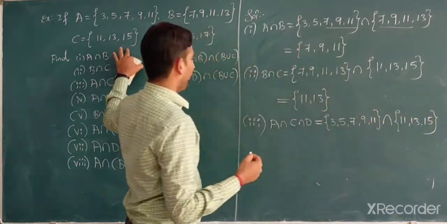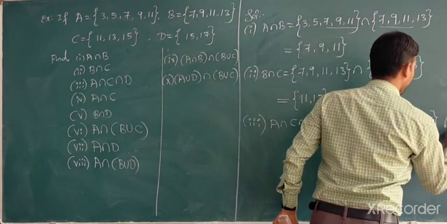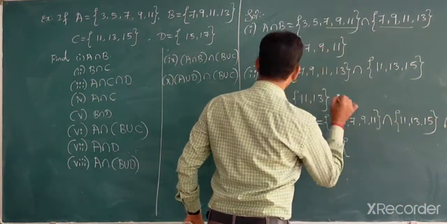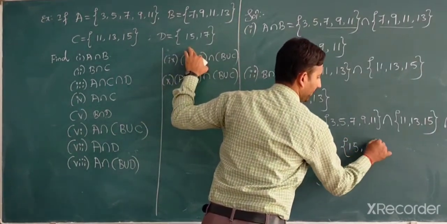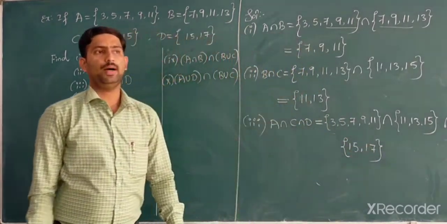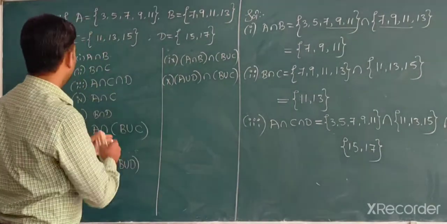Correct? After that, again intersection with D. D is nothing but {15, 17}.